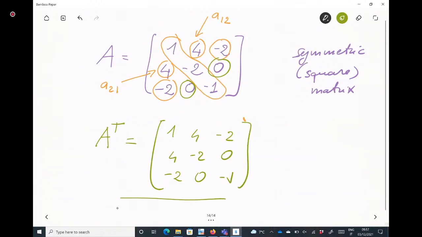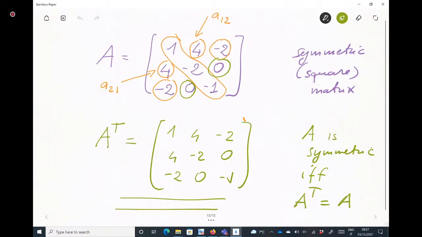So this is taken as the definition of a symmetric matrix: a matrix A is symmetric if, and only if, it is equal to its transpose.